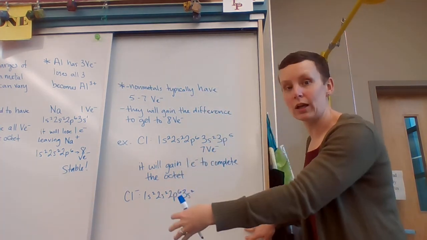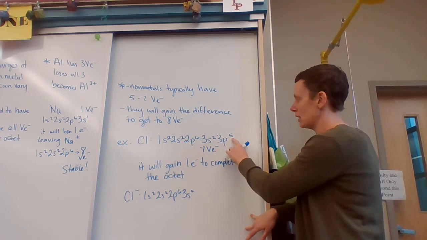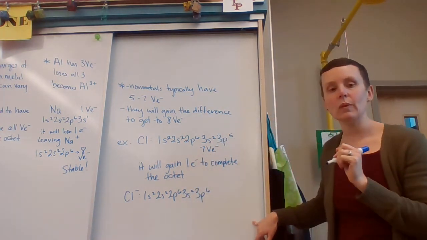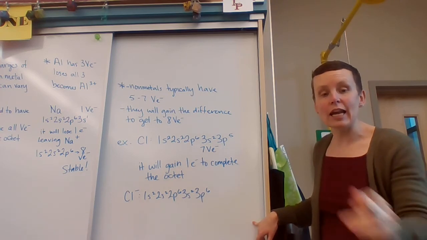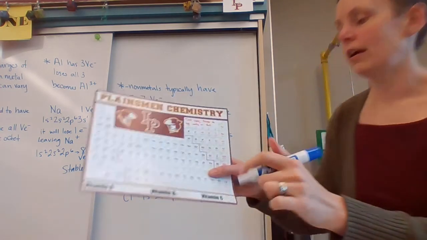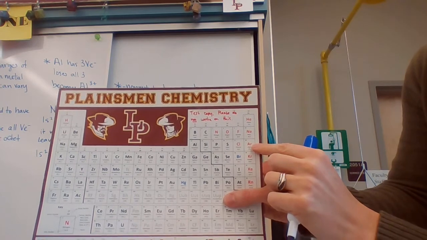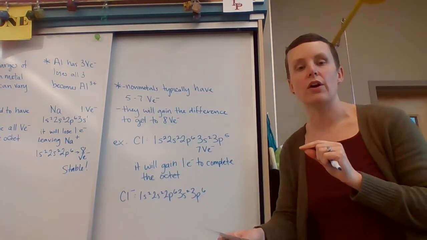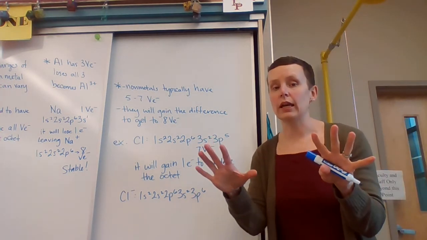Chloride's configuration is 1s2, 2s2, 2p6, 3s2. We're gaining 1 now, so we're adding 1 to the end, and we get 3p6. And that is the same configuration as argon. So when chlorine gains 1 electron, it gets the same configuration as argon. Now, be really careful with this.